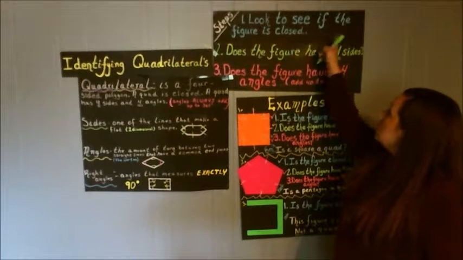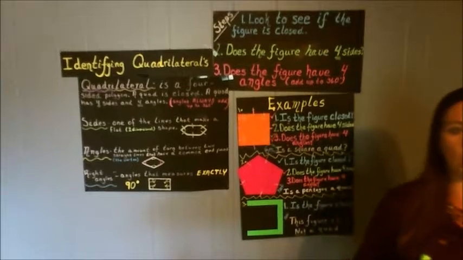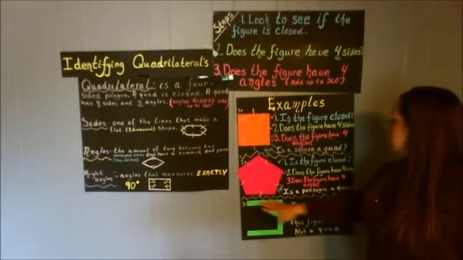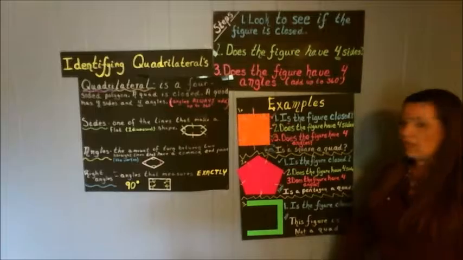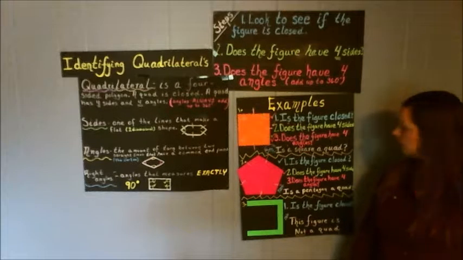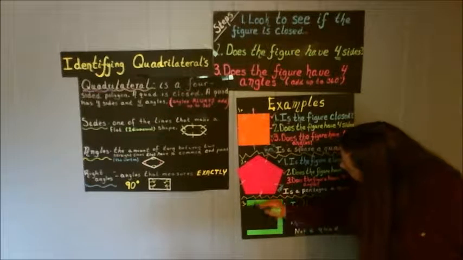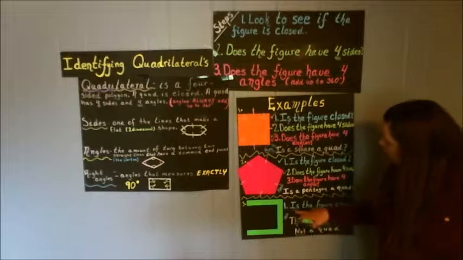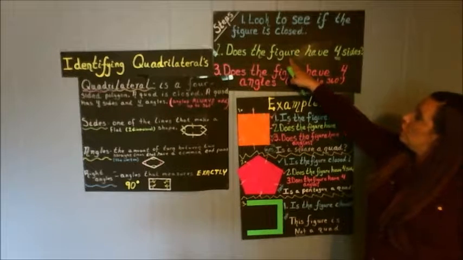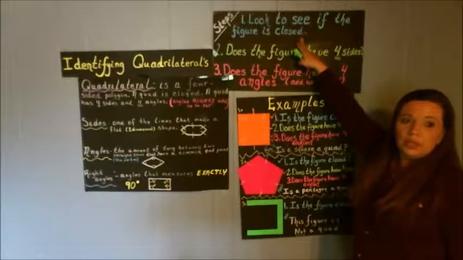All right, let's go to example number 3. Step 1, look to see if the figure is closed. Is this figure closed? Does it have all its lines, all its sides? No, it's missing a side, right? Right here. So, would we go to number 2 if it's not a closed figure?